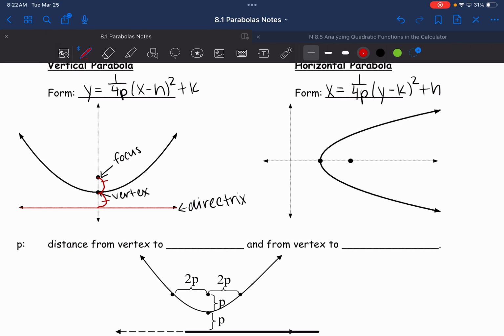Okay, same would be true over here. We know that this piece right here would still be our vertex. The point inside of it here would be our focus. And because our figure is turned on its side, its directrix is also turned on its side. So now this would be your directrix.